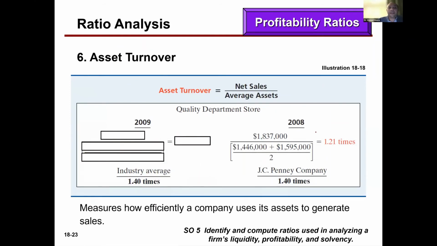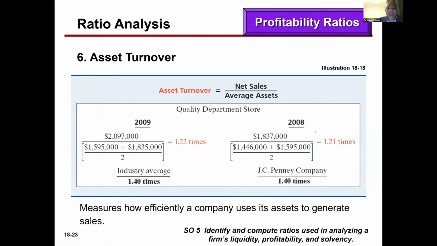For the asset turnover, what is asset turnover? It's net sales divided by average assets. This measures how efficiently a company uses its assets to generate sales. For example, the assets you might have in the pharmacy: you have the store itself, the fixtures, the counting machine inside or whatever, maybe the computers.